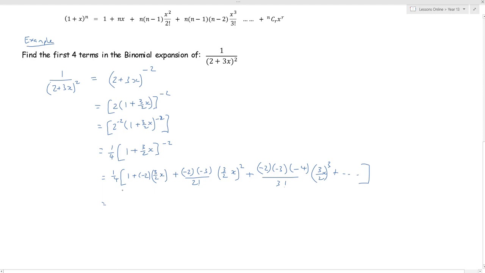So that leaves us with a quarter of, we simplify, 1 minus, the 2's cancel, 3x.